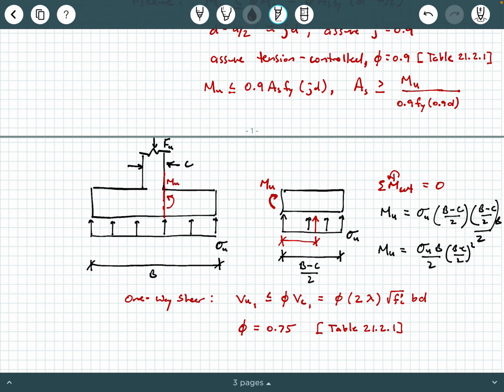So you can repackage this as this handy little formula, or just use basic statics like I just did, okay? So now that's if your critical moment section is at the face of the column, which is the case if you have a concrete column.